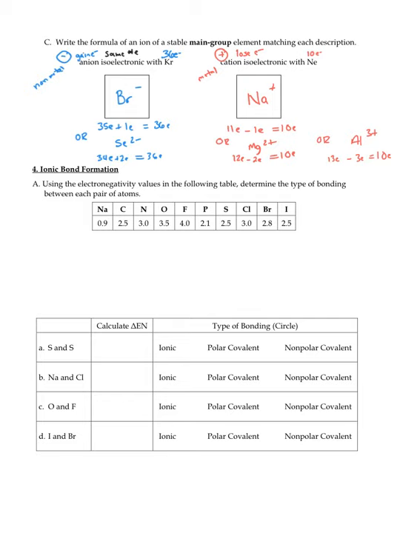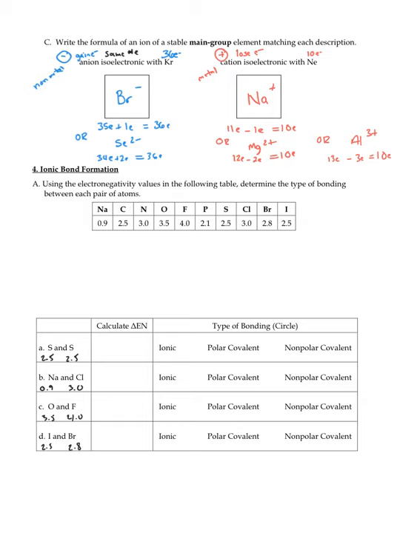All right, let's look at our second part here, where we're looking at difference in electronegativity. So I'll always provide electronegativity values for you. So when you go and you look them up, sulfur is 2.5, sodium is 0.9 based on our table there, 3.0 for chlorine. In the case of oxygen, we have 3.5, fluorine is 4.0, iodine is 2.5, bromine is 2.8.